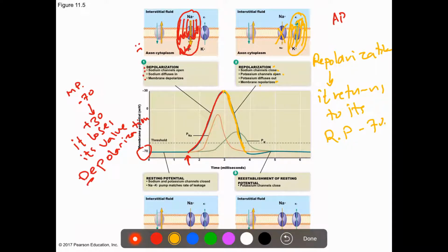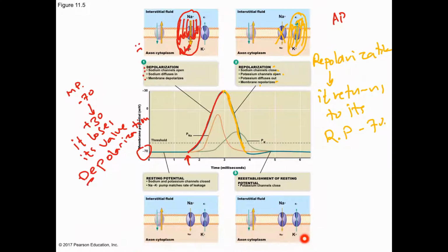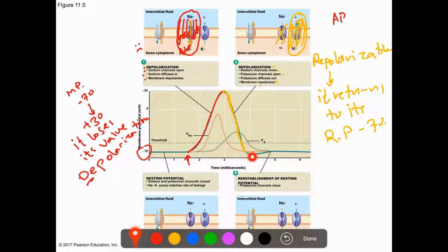Now, because of the nature of the potassium channels, they close slowly. So we will have a short period of time, let's use blue, that is the reestablishment of the resting potential, when the potassium channels close.